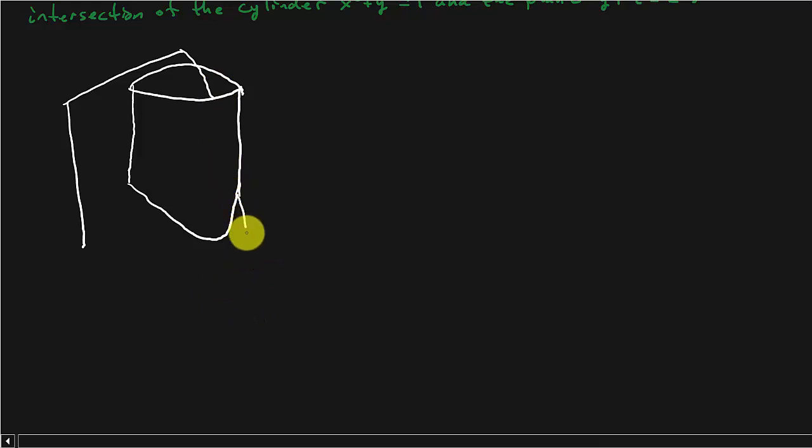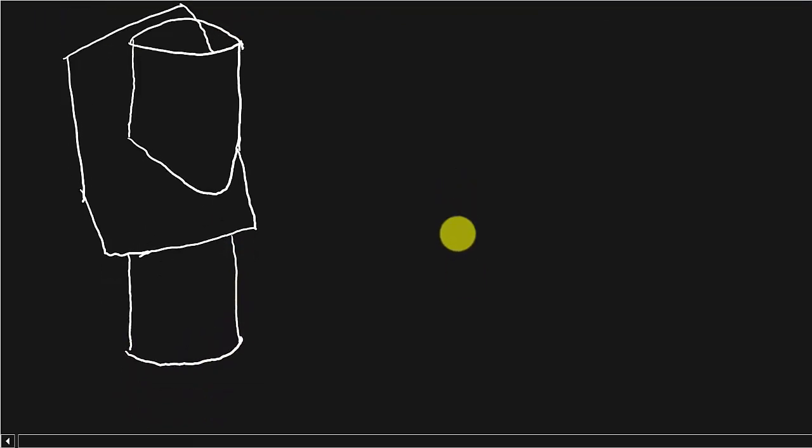Just bear with me. And then the bottom of the cylinder is coming out like this, and there's that cylinder, and you can see the plane going through that cylinder at an angle.